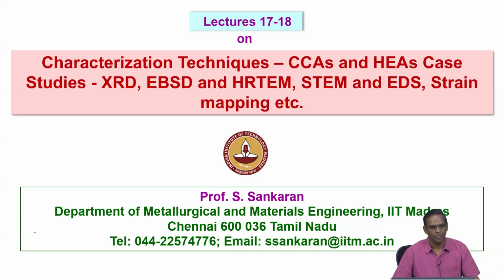And if you want really an atomic scale identification, then we need a sophisticated tool like high resolution TEM. And then we have today high angle annular dark field in STEM, that is scanning transmission electron microscopy. And we have something called atom probe tomography, where you can trace atom by atom and look at the morphology in 3 dimensions and so on.